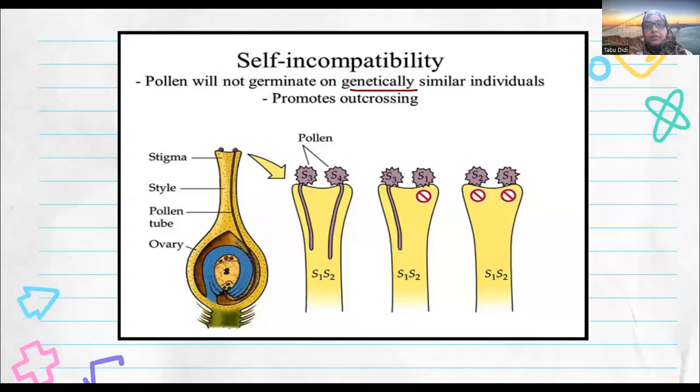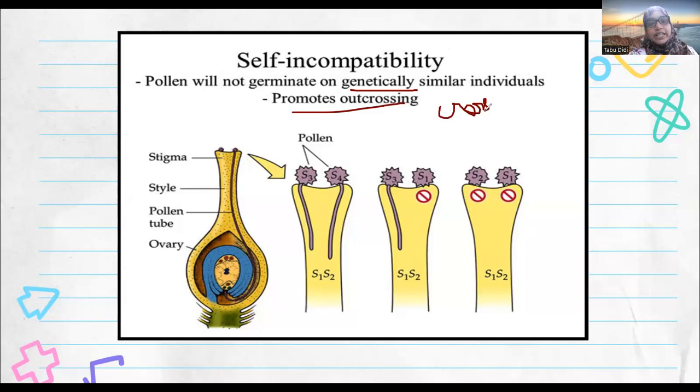So nature has defined its forces in such a way that it does not favor self-pollination. It promotes outbreeding, outcrossing, cross-pollination, so that we get greater varieties, greater hybrid qualities, with stronger disease-resistant varieties with great vigor.